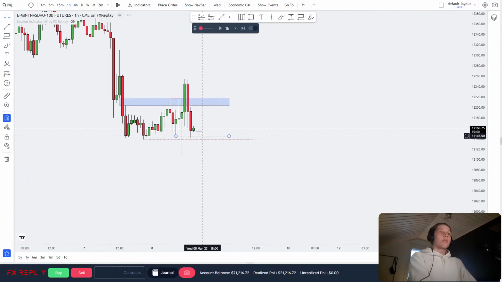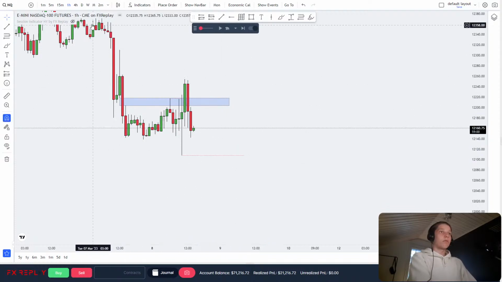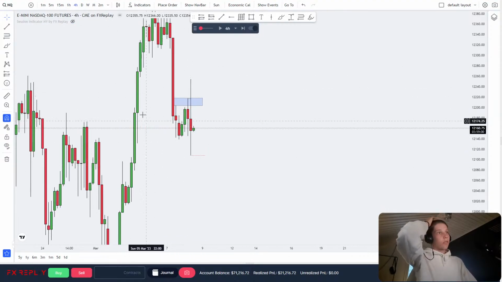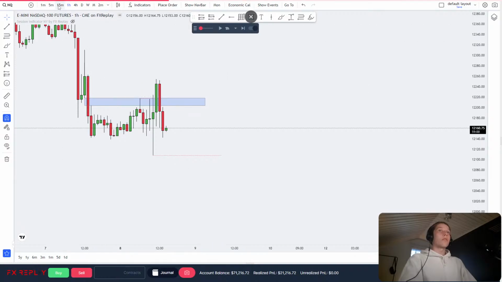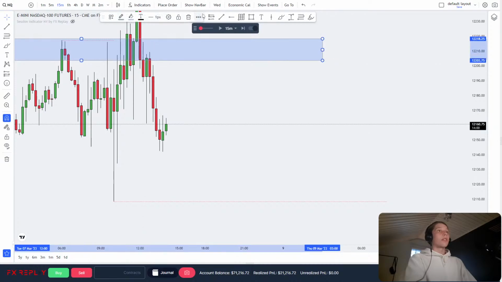So it's been a little bit slow a couple of weeks here, but I think you would be targeting this low if you see what's going on here. I like this fair value gap.